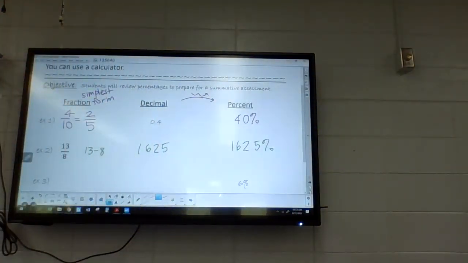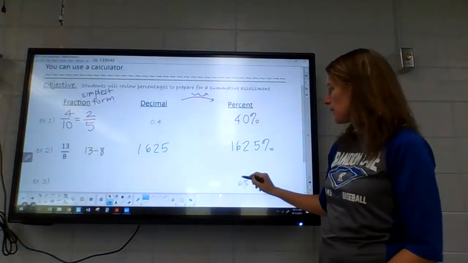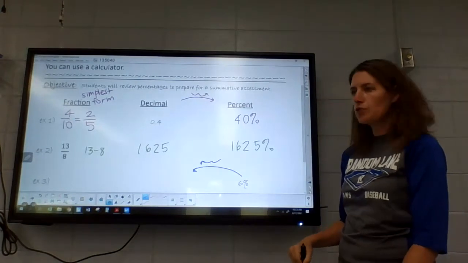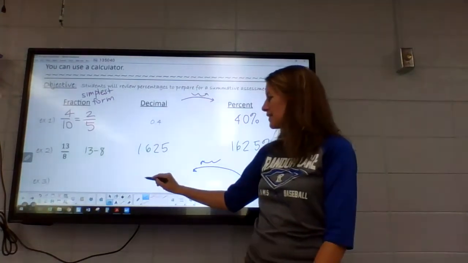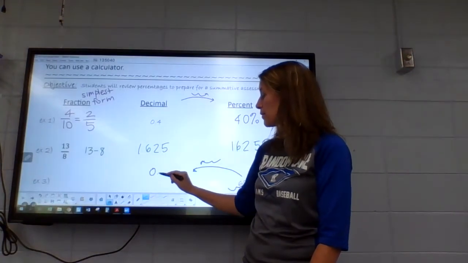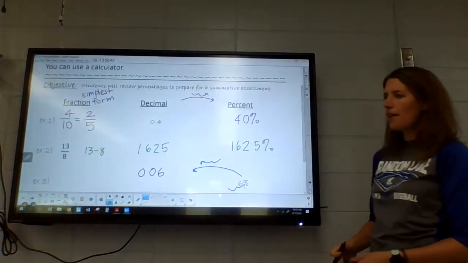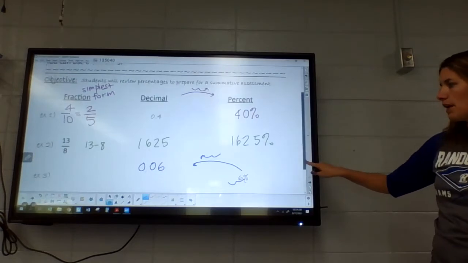And then going from a percentage back to a decimal, back to a fraction. Now, going this way, I'm moving the decimal to the left 2 places. So 6 becomes 0.06, sorry, I said that wrong. I like putting a 0 on the other side just so you don't think that's a random dot hanging out on my paper.